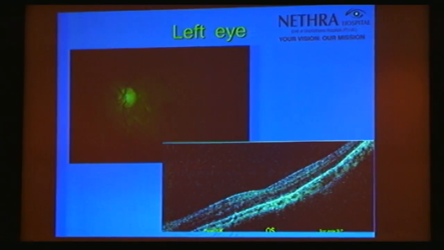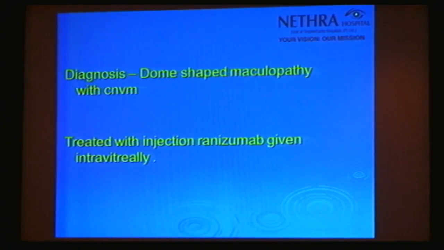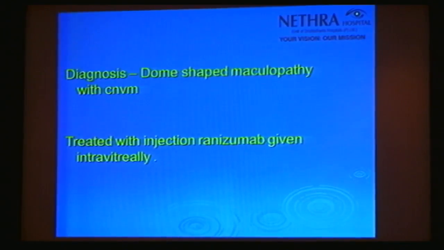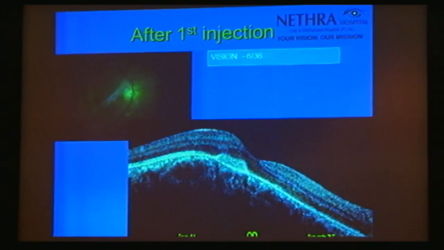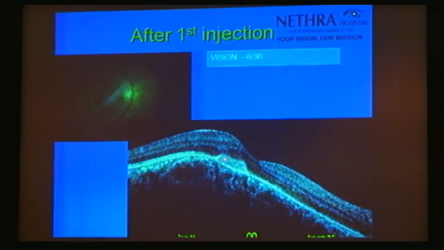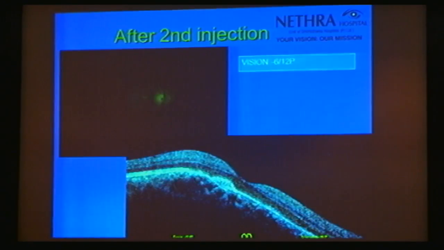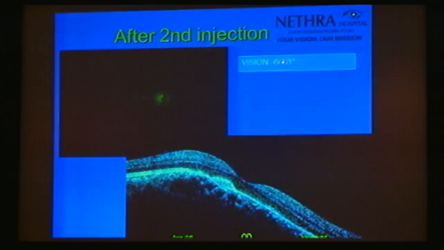The left eye photo is within normal limits. She was diagnosed as dome-shaped maculopathy with CNVM, treated with injection ranibizumab. After the first injection, her vision improved to 6/9 with reduction of the lesion. After the second injection, her vision improved to 6/12 with a significant reduction of the CNVM.